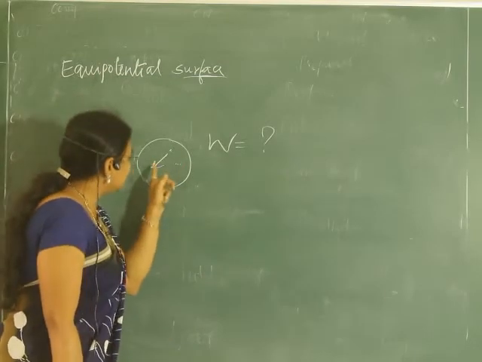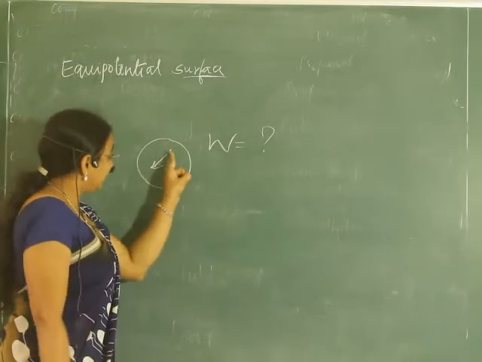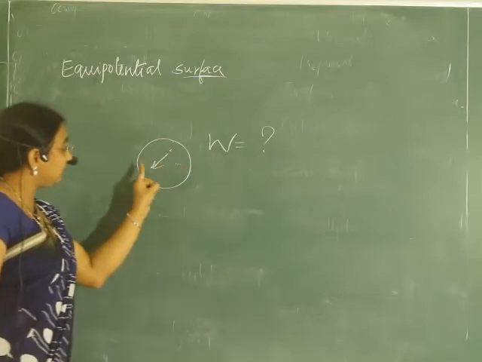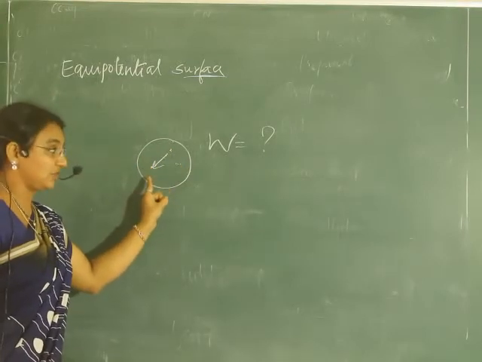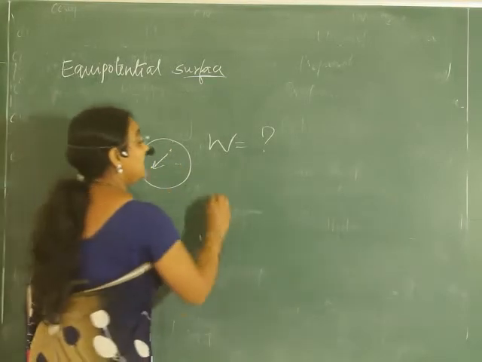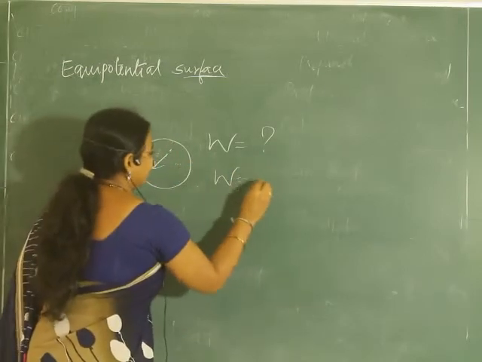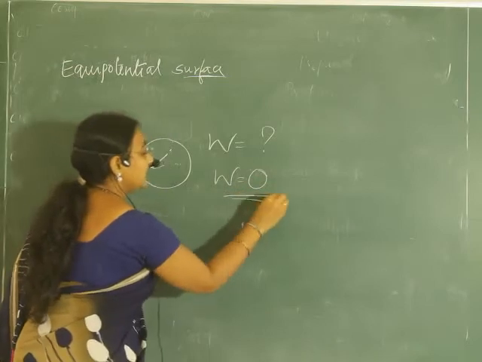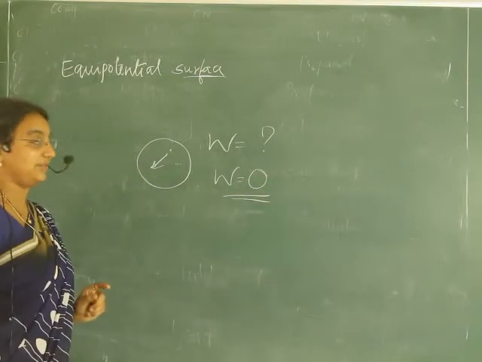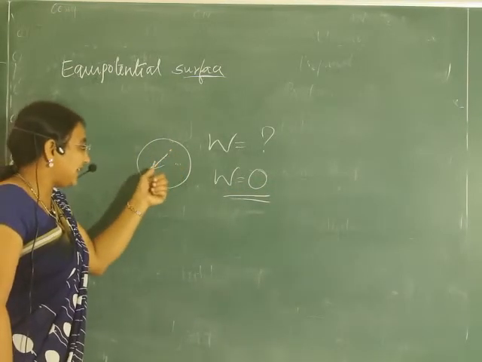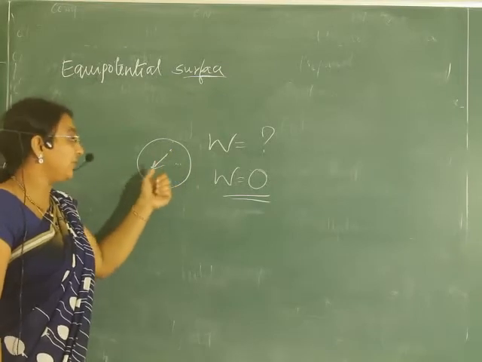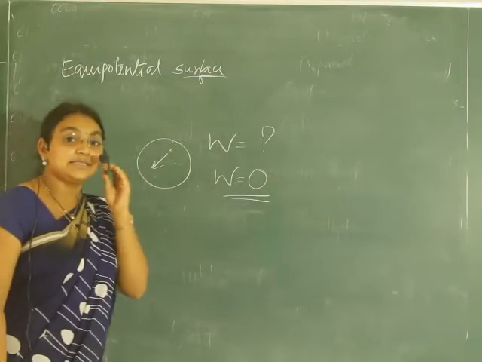So change in potential is what? The potential present over here is equal to the potential present at this point also. So therefore, I can say work done, which is the change in the potential, is equal to 0 in an equipotential surface, because potential at this point and this point are one and the same. So if you subtract, the answer will be 0.